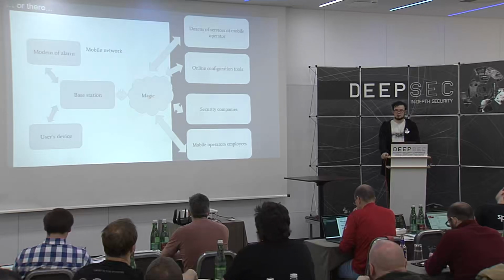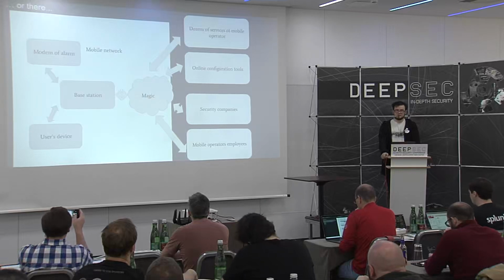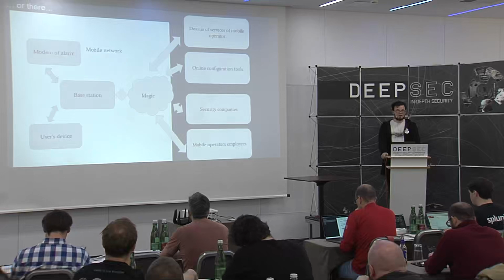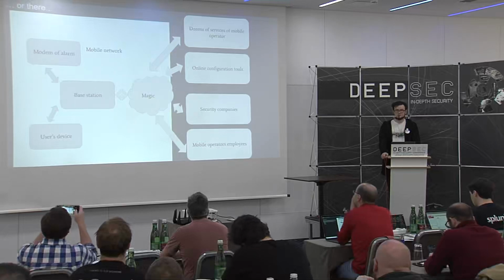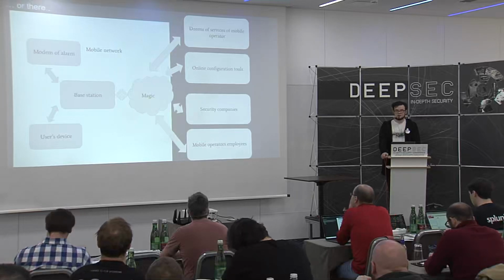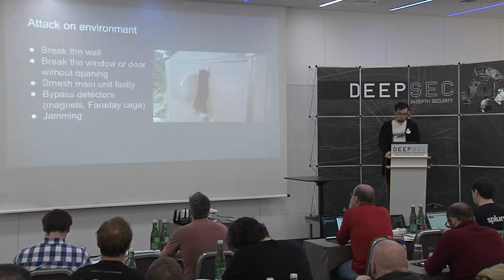And we have different IT security companies and physical security companies, which can be insecure too. We also have a lot of mobile operator employees, sometimes with an extremely small salary, which means you can try to use social engineering, or sometimes, in another country, you can just pay something like $10 to get access to the private information about a user.